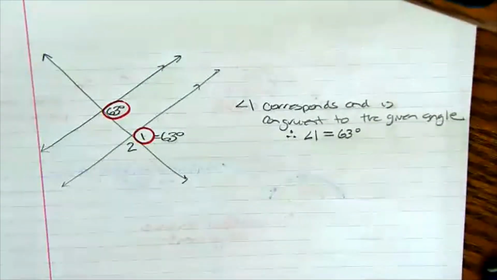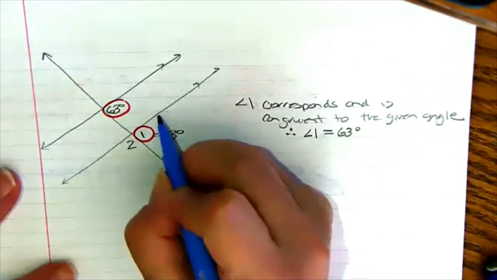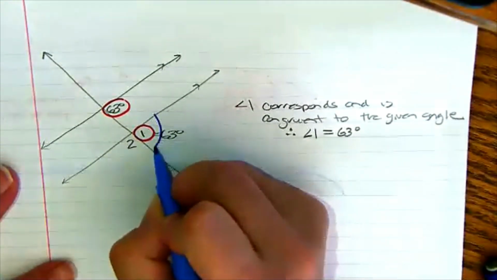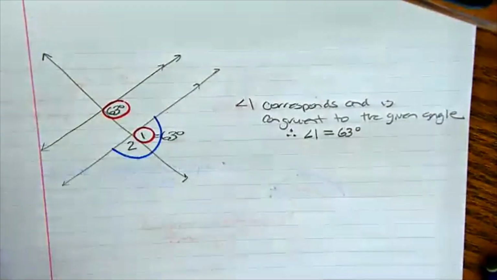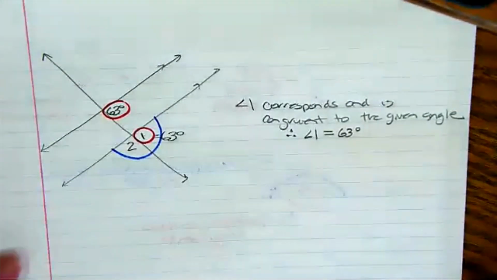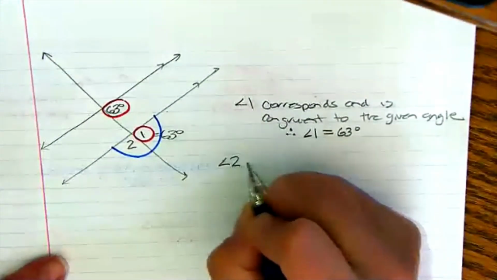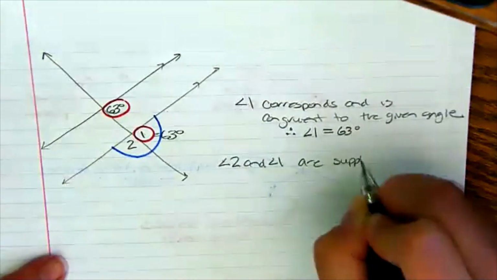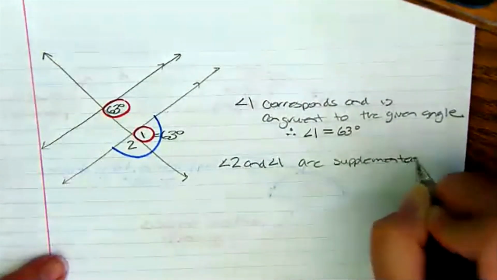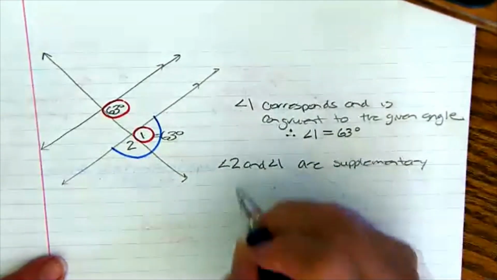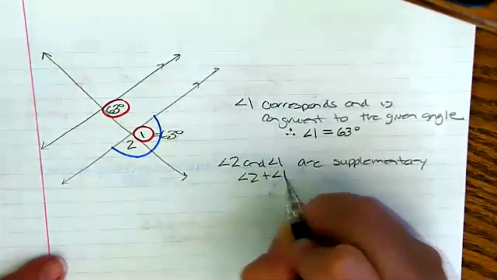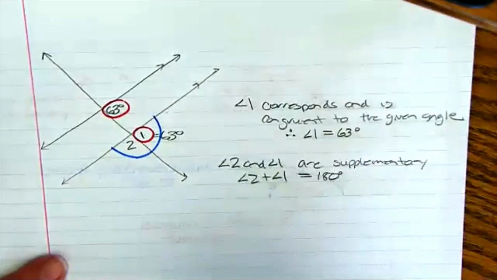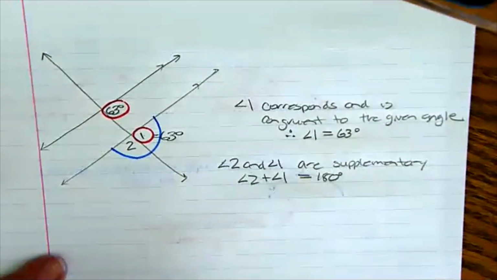Now, we're going to use the idea of supplementary angles. So angle 2 and angle 1 are supplementary. That means angle 2 plus angle 1 equals 180 degrees.